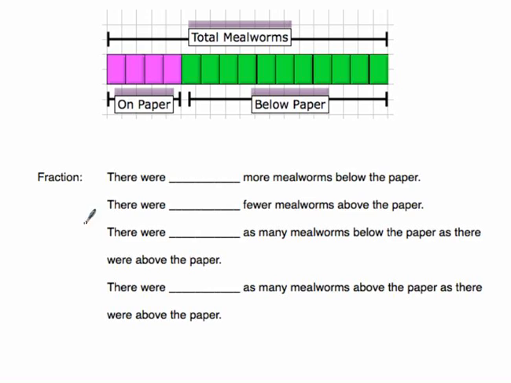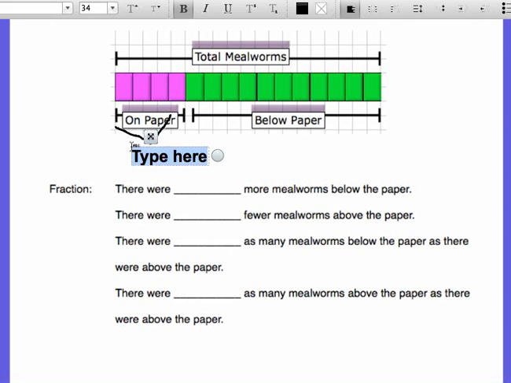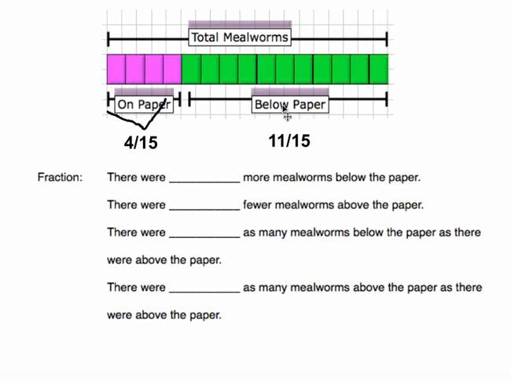Well, you can see in the diagram above, at the top we're represented by 4 of the 15. And below the paper we have 11 of the 15. So by what fraction did we have more?